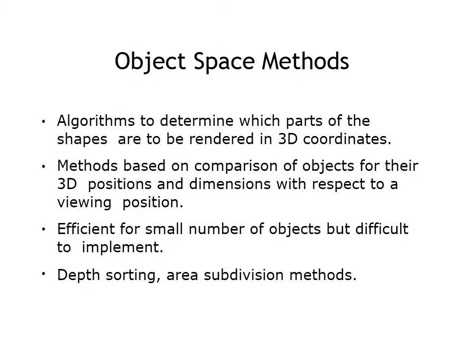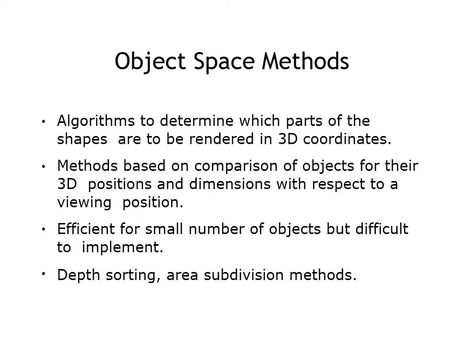The object space method is an algorithm to determine which parts of the shapes are to be rendered in 3D coordinates. It is based on comparison of objects for their 3D positions and dimensions with respect to the viewing position. It is efficient for a smaller number of objects but difficult to implement.